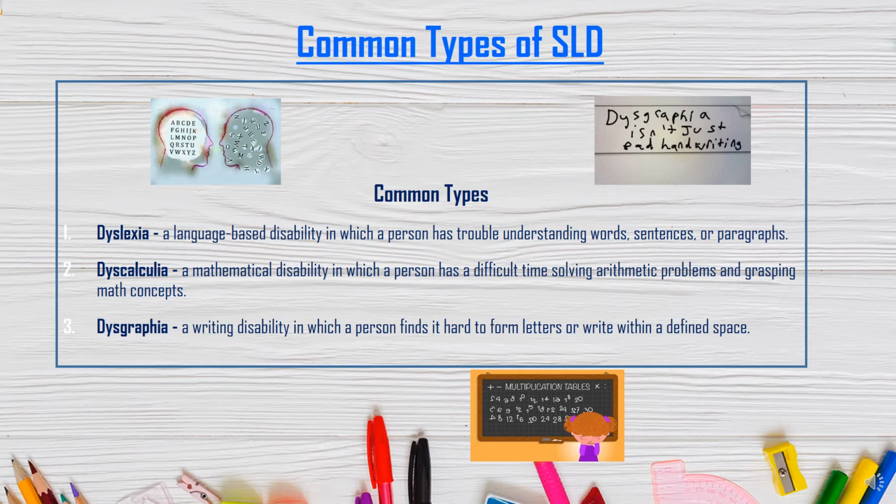Dyscalculia is a condition that affects the ability to acquire mathematical skills. Dyscalculic learners may have difficulty understanding simple number concepts, lack a natural grasp of numbers, and have problems learning number facts and procedures. Dysgraphia is a writing disability in which a person finds it hard to form letters or write within a defined space.